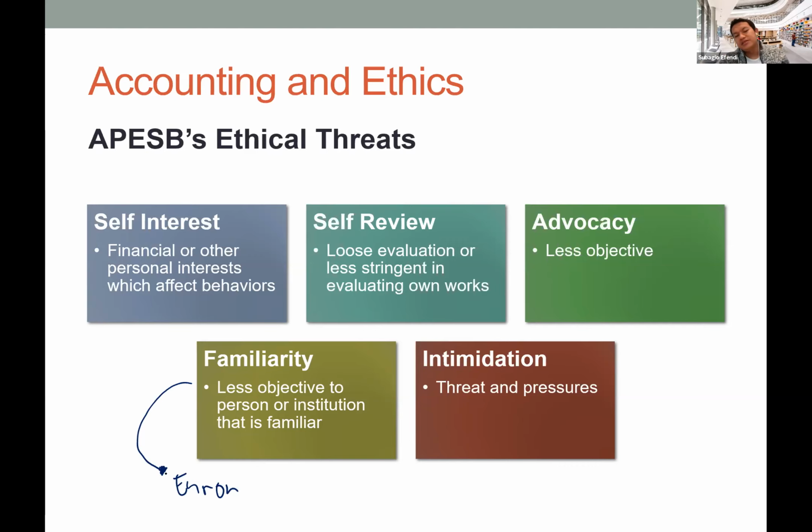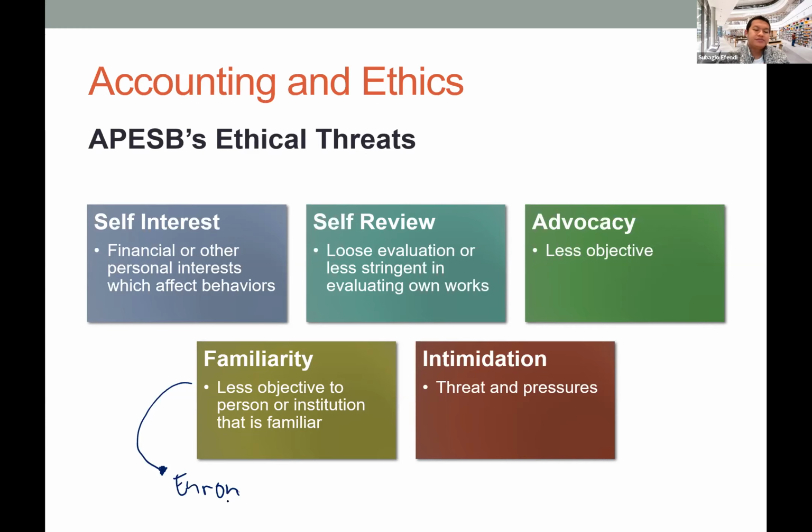So they certified or assured that the financial statement was okay, following the accounting standard, and there was no problem there. But in the end, the SEC, the Securities and Exchange Commission of the US, found that this company had been falsifying the financial statement for quite a long time.